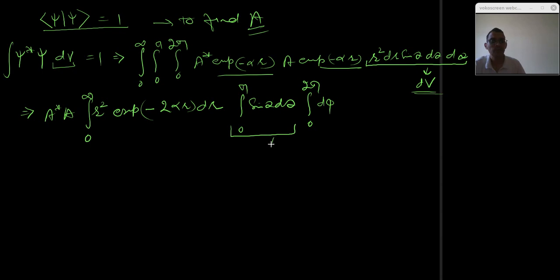This integral becomes 2 and this integral becomes 2 pi, so overall their product becomes 4 pi, right?